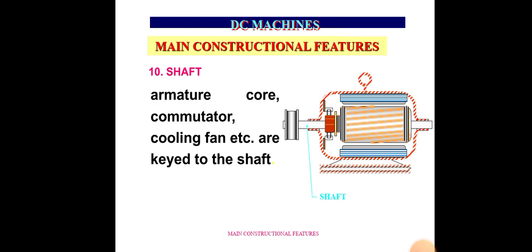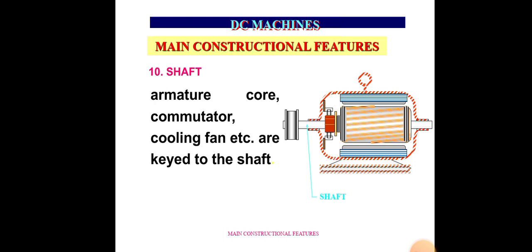Depending upon the connection of the series field winding and shunt field winding, it is again classified into two types, long shunt and short shunt. Long shunt means the shunt field winding is connected across both the series field winding and armature winding.